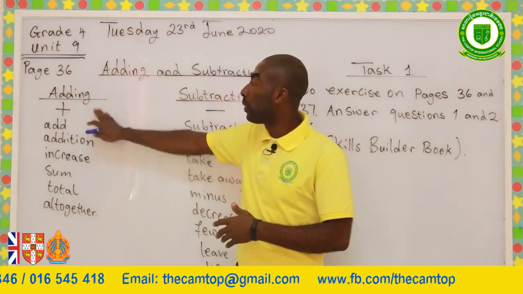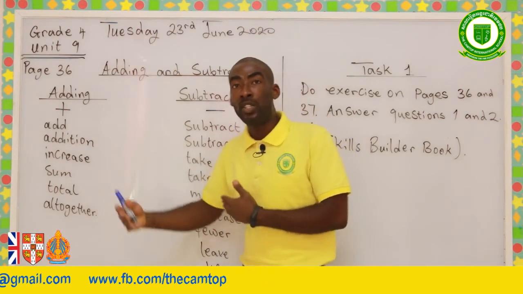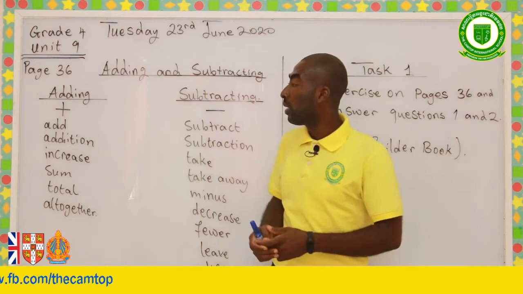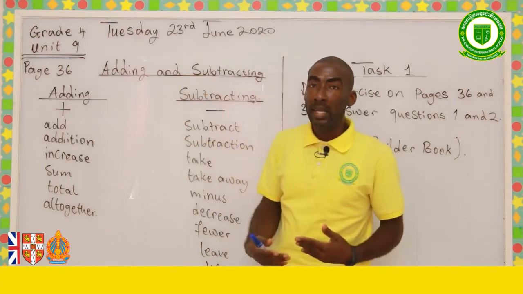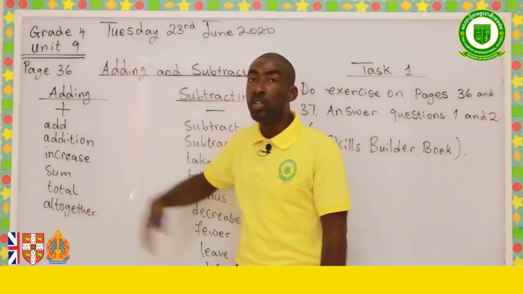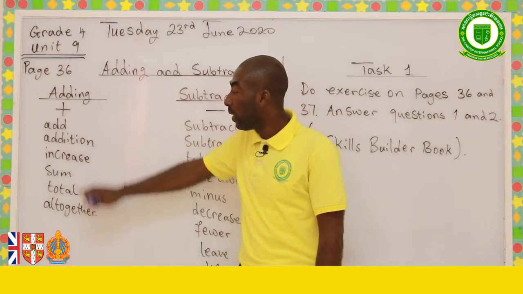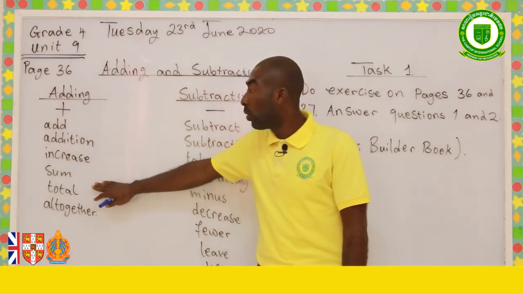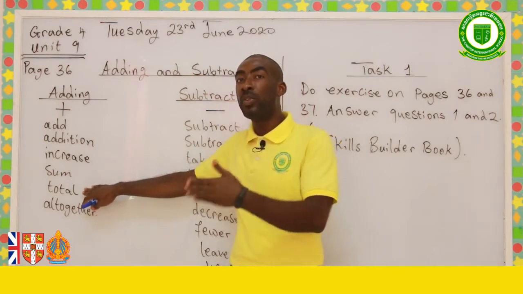Once you are dealing with adding and you see increase, you first consider addition before you think about anything else. Sum means you are adding. Whenever you see sum in your word problem, it means you are dealing with the plus sign. Then total. Total means find the total of something, find the total of two or three numbers.